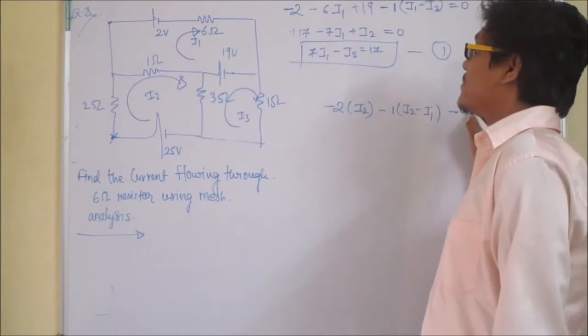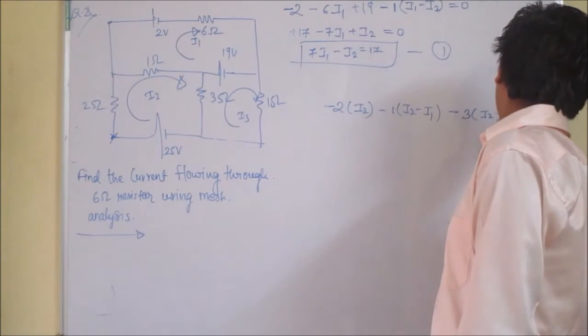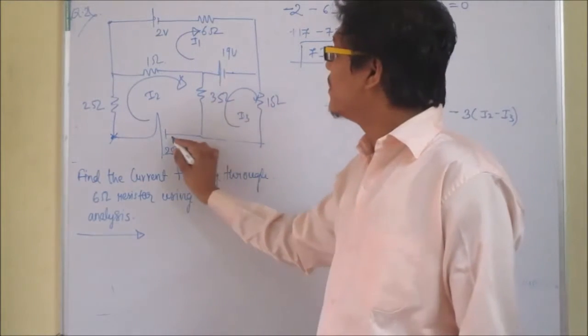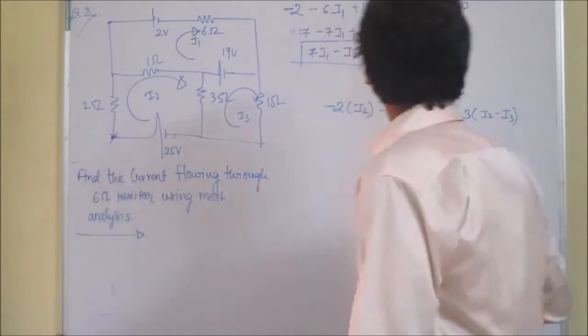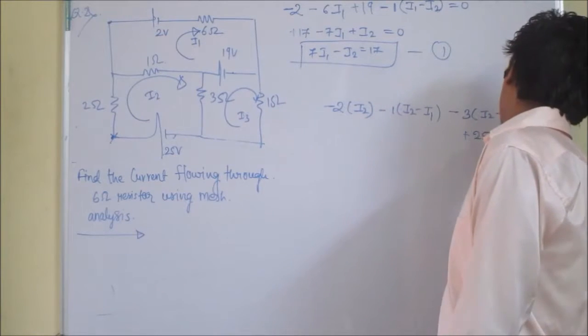Therefore, minus 3 into I2 minus I3, and then coming over here, you are going from lower potential to higher potential. That is a gain. Therefore, I will write plus 25 is equal to 0.